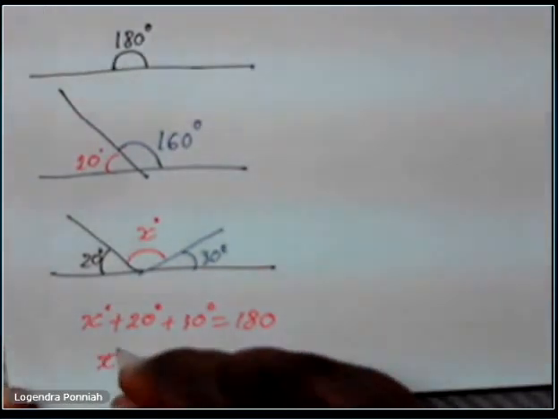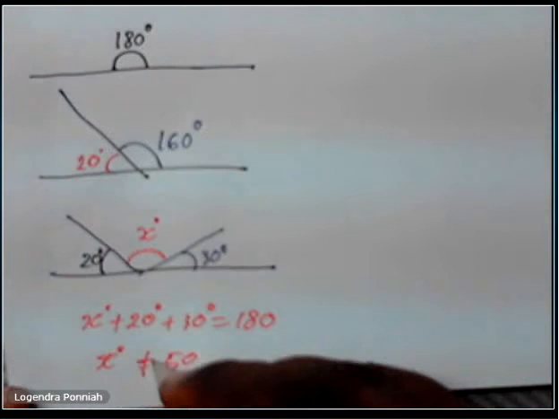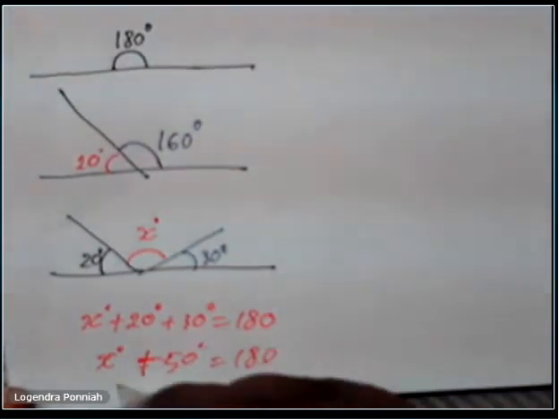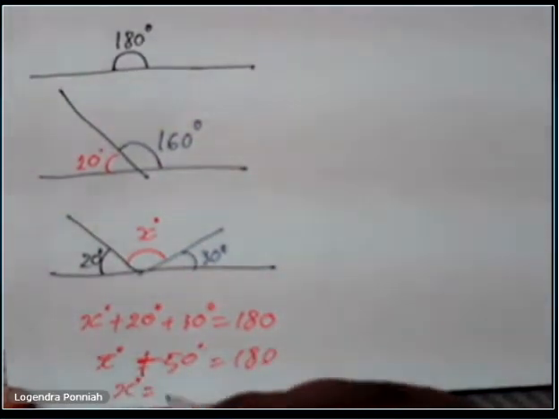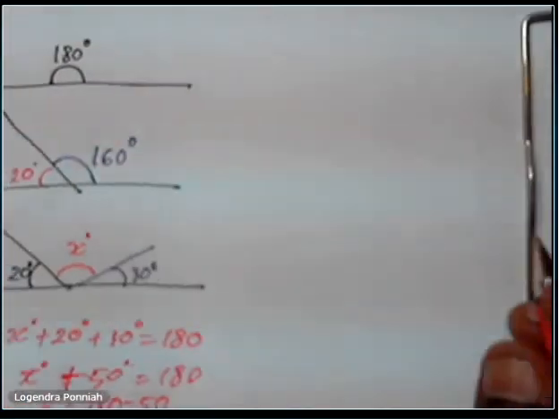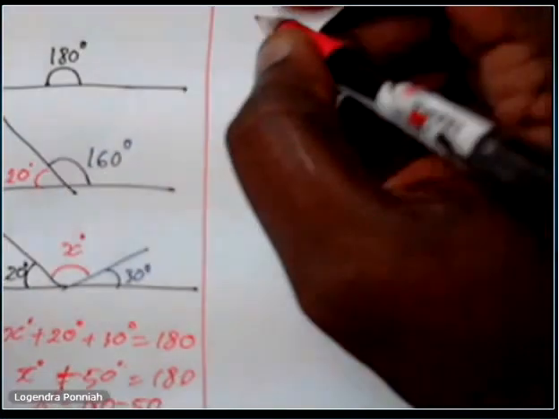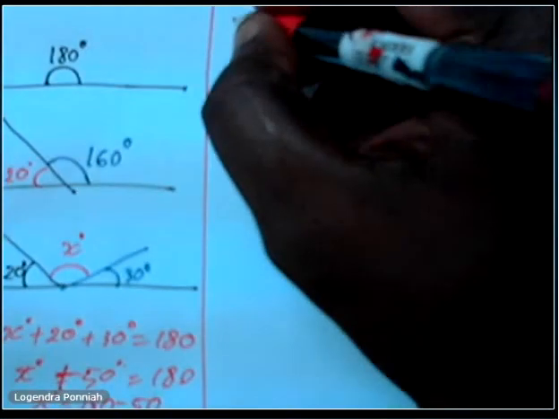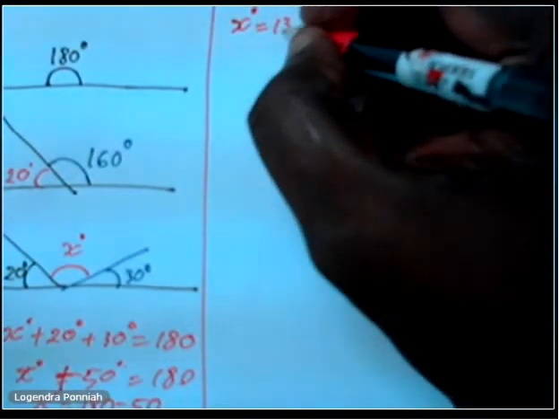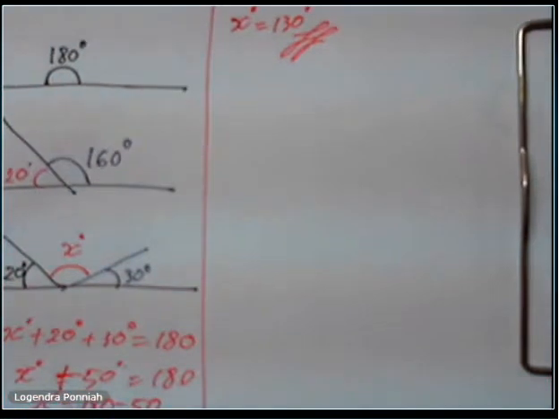So x degrees plus 50 degrees equals 180. x degrees equals 180 minus 50. Therefore x degrees equals 130 degrees. Okay, something like that.